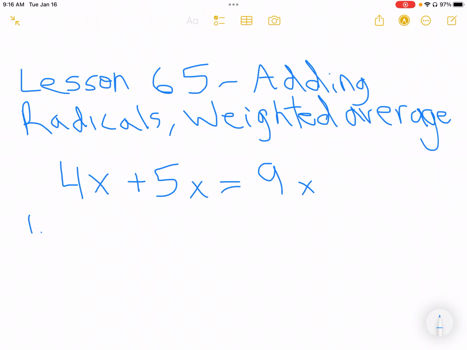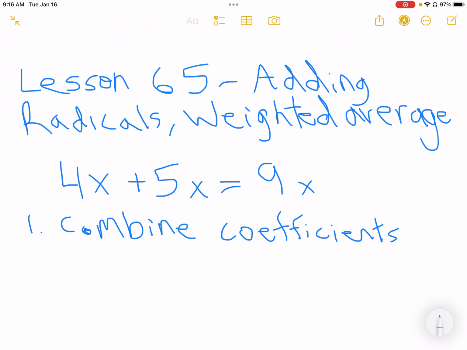First, combine coefficients. What did I do here? I only combined the coefficients, the numbers in front of the variables. And did I change the x? No, I didn't. So do not change the x.